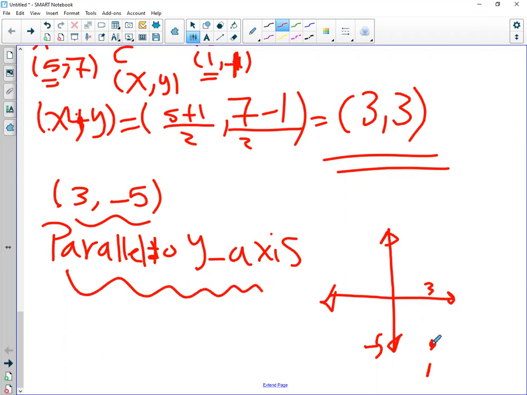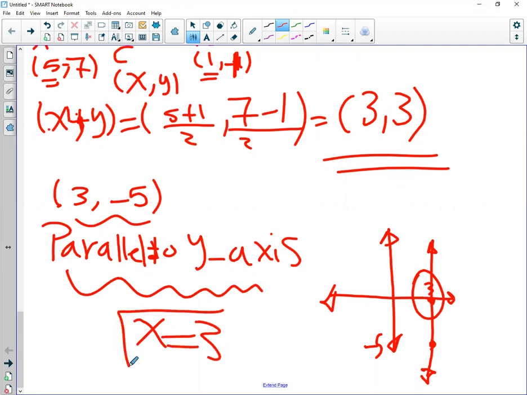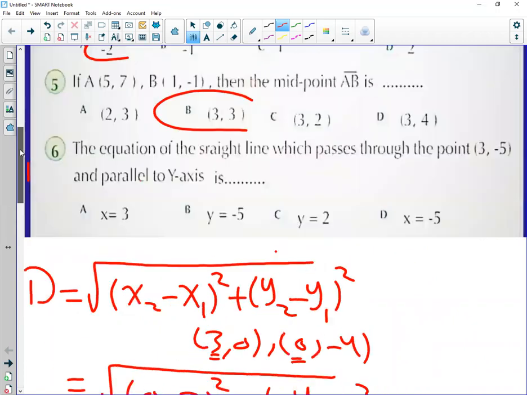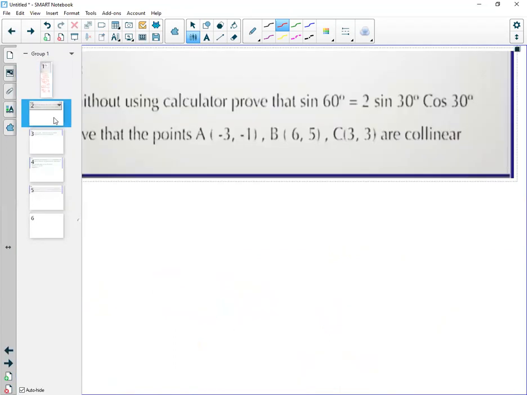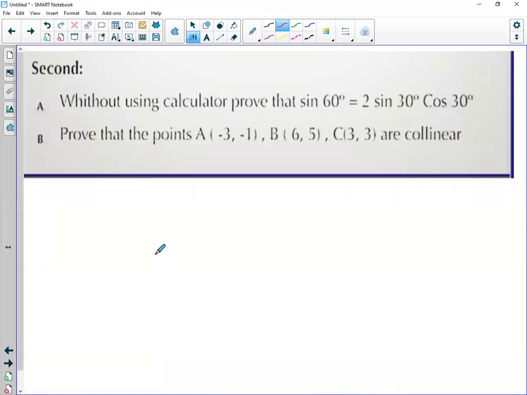So this is the straight line parallel to the y-axis and it intersects the x-axis at the point 3. So the equation is x equals 3. So the result is letter A, x equals 3. Okay, this is example number 1. Example number 2.